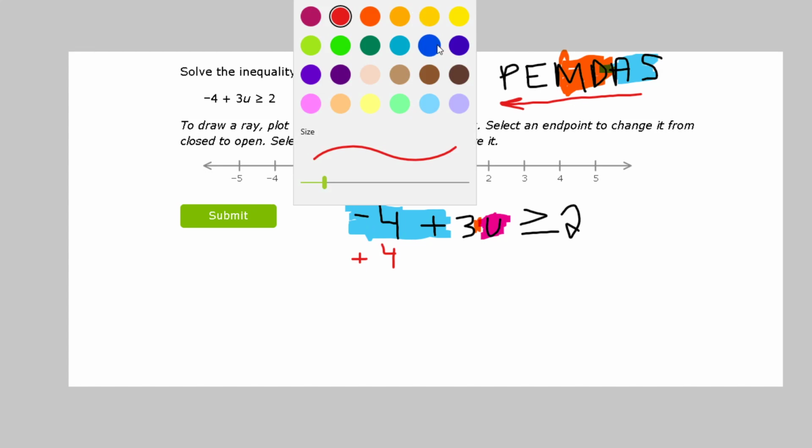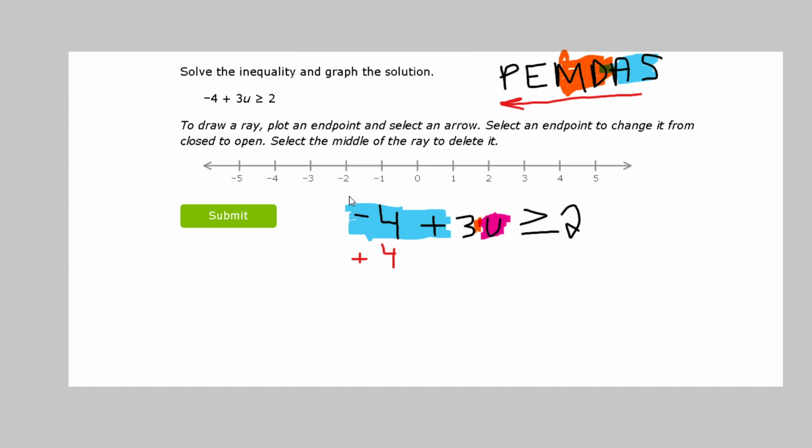Well, then these cancel out because we know negative 4 plus 4, they're opposites, so together they're equal to 0. Just like negative 1 plus 1 is 0. Negative 12, doesn't matter. Anytime you pick the opposite number, it's equal to 0. So we can do the same thing here, but we have to do the same thing to the other side.